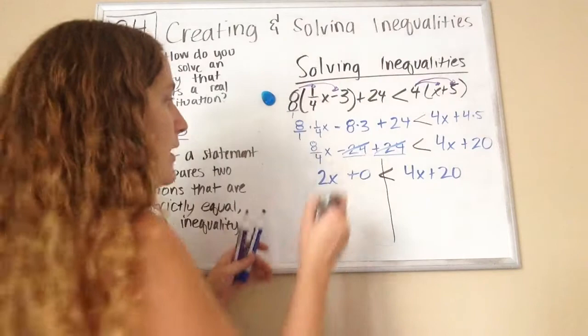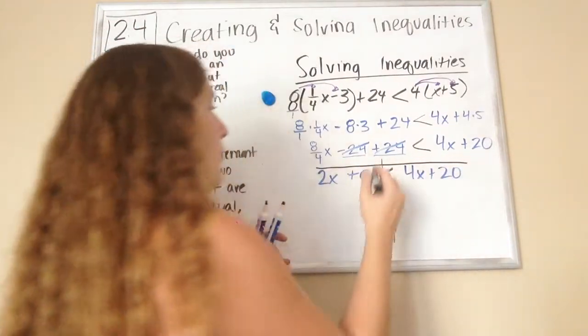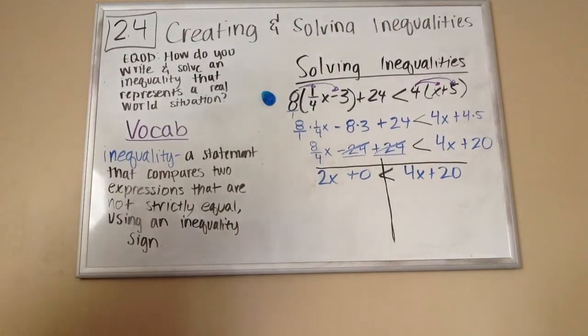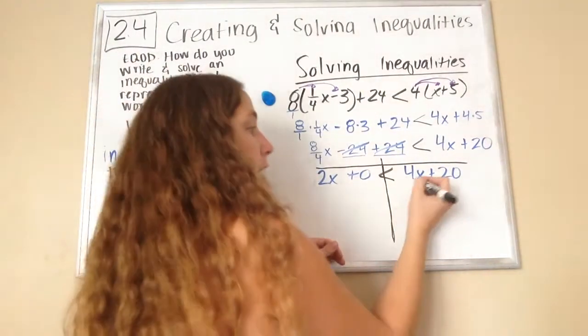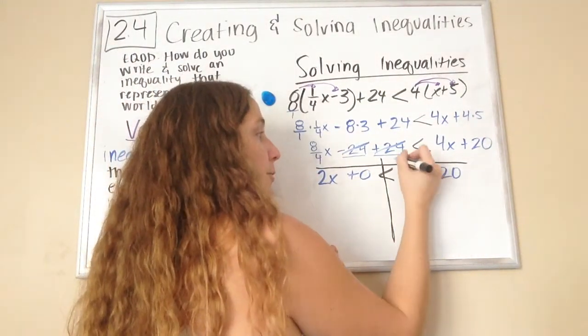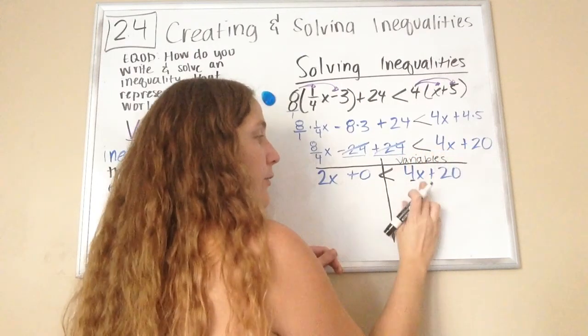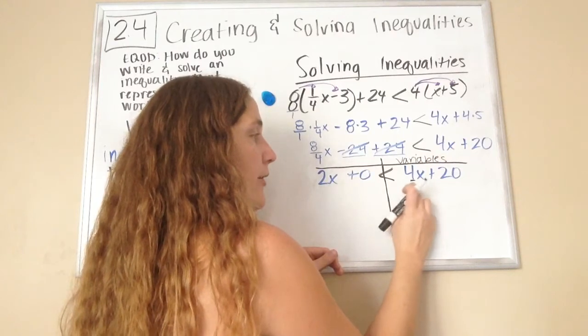So let's think about what side we want our variables to be on and what side we want our constants to be on. I will tell you, it's always going to be beneficial to put the variables on the side where the variables have the highest coefficient.